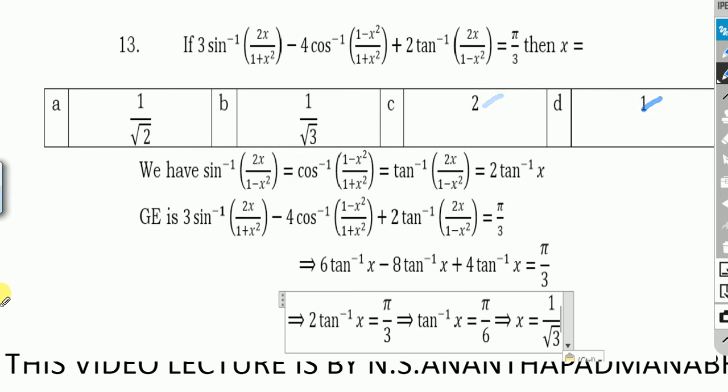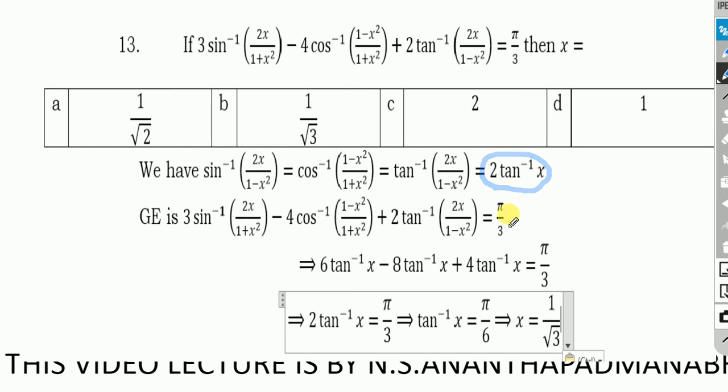We have sin inverse of 2x by 1 plus x square is equal to cos inverse of 1 minus x square by 1 plus x square, which is equal to tan inverse of 2x by 1 minus x square, which is nothing but 2 tan inverse of x.